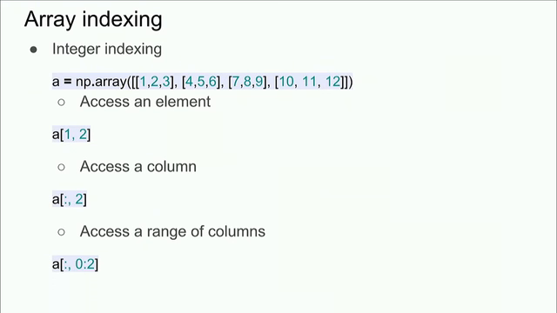Also, to go one step further, how can you use one line to access a range of columns? For example, here, the example gives the syntax of how to access the first and the second column of this matrix. So the 0 colon 2 specifies the range of the columns you want to access.